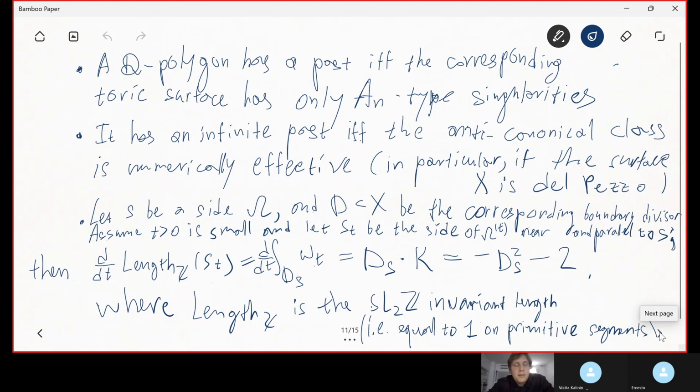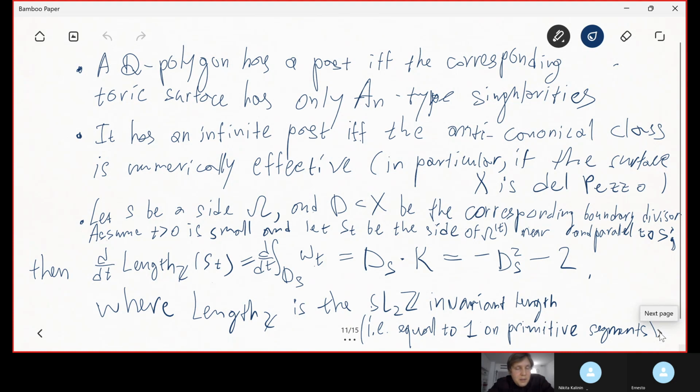If you analyze what happens with a particular side: what is the speed of change of the side during this evolution? I take some side of a Q-polygon, and the corresponding divisor is D. For t greater than 0 but still small, I assume the small deformation of this side, which is the side of this Omega_t.